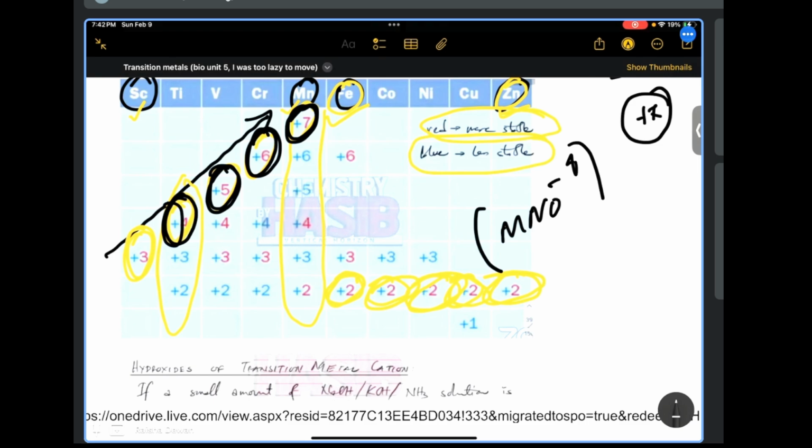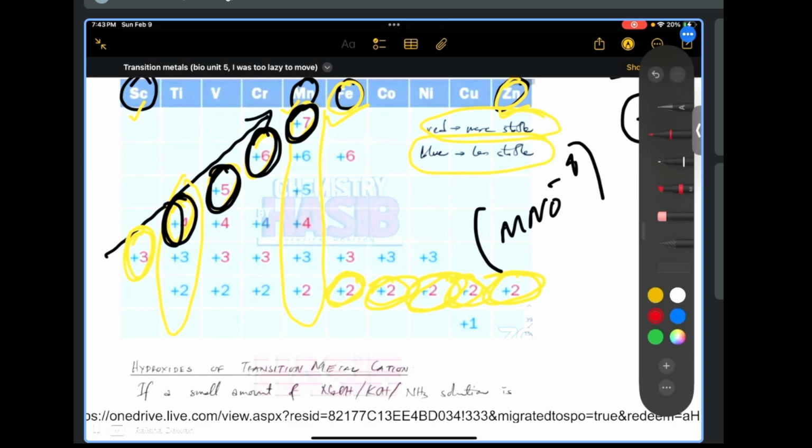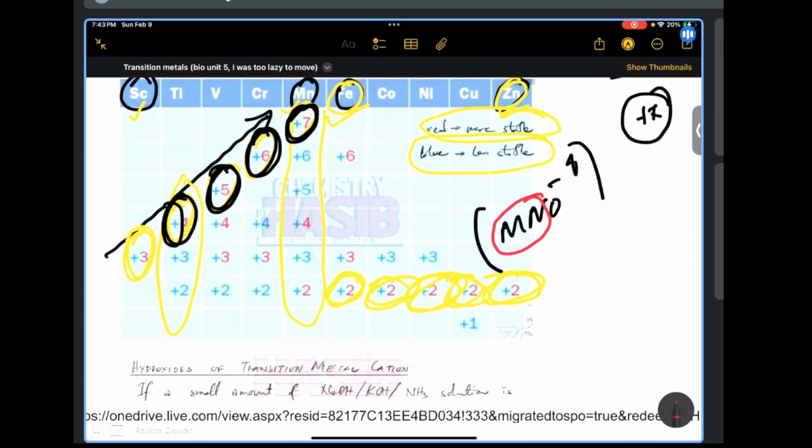So this is stable. So why is it stable? The reason behind it being stable is this Mn is forming strong covalent bonds with this oxygen.